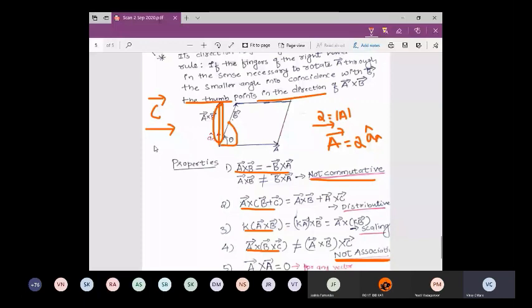A cap subscript C is equal to vector C divided by the magnitude of C, the modulus of C. Yes, that is correct.